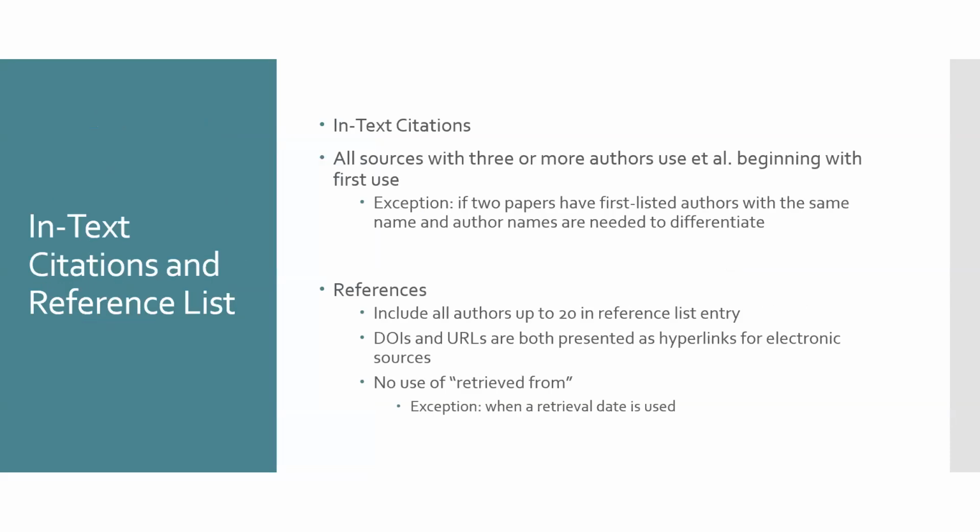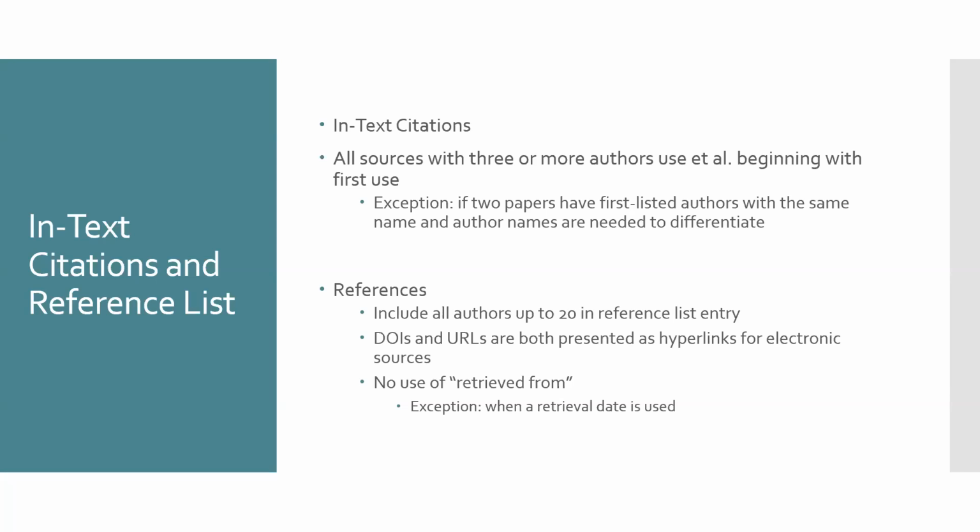Okay. And then I just wanted to talk a little bit more about in-text citations in terms of 7th edition. Like I said a little bit earlier, for all sources with 3 or more authors, you're going to use the first author's last name, not their first name, sorry, and then you're going to use et al. afterwards.